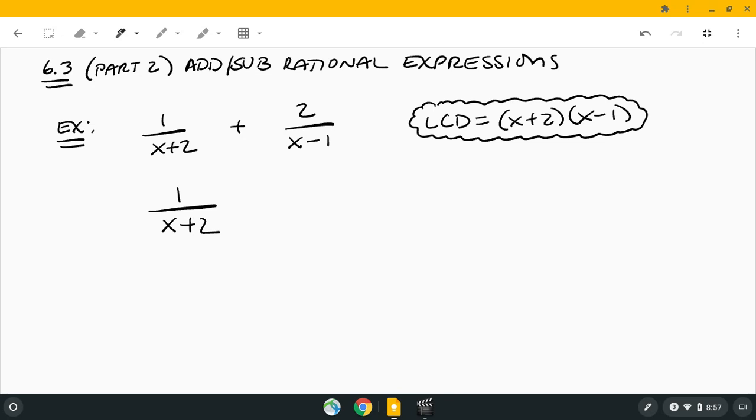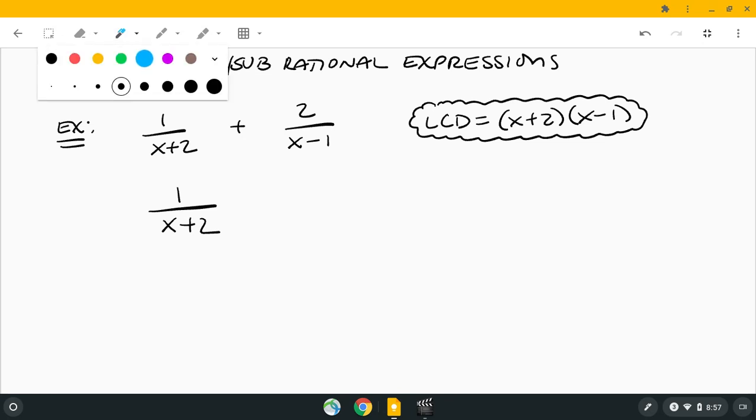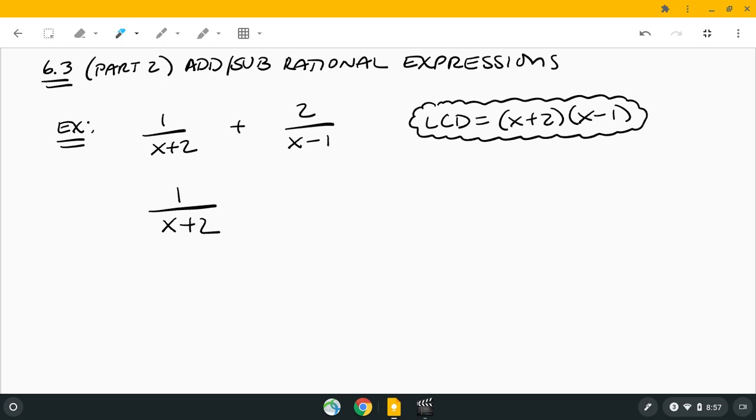So in order for it to look like the LCD, I'll use blue, I need to multiply it by 1 in the form of, oops, not x plus 2. We already have x plus 2. We want it to say x plus 2, x minus 1. So I need an x minus 1 over itself. So now the denominator looks like this one.